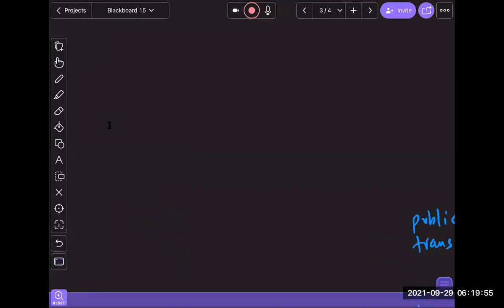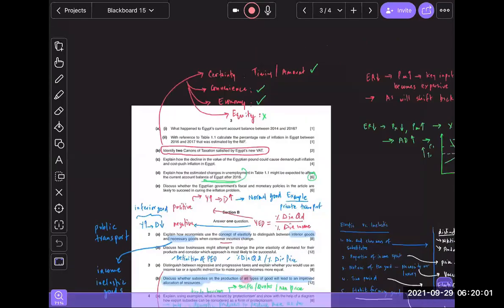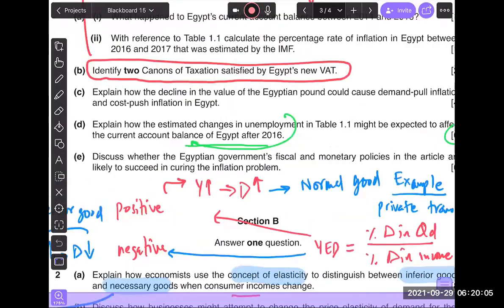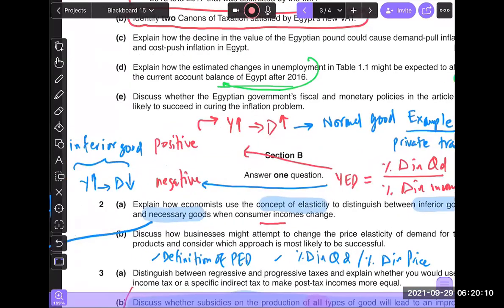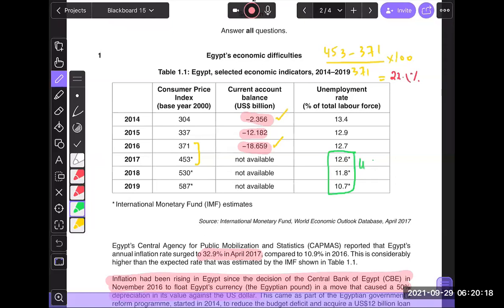So guys, let's just quickly look at this, what is happening to the unemployment rate. And the question is saying after 2016, right? After 2016, the unemployment rate seems to be going down.